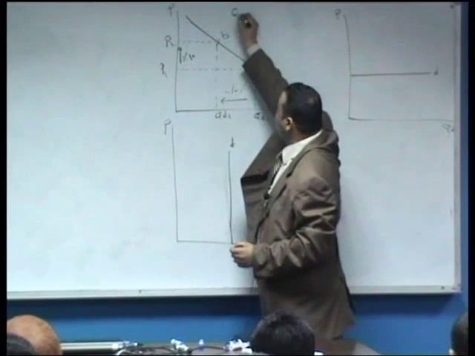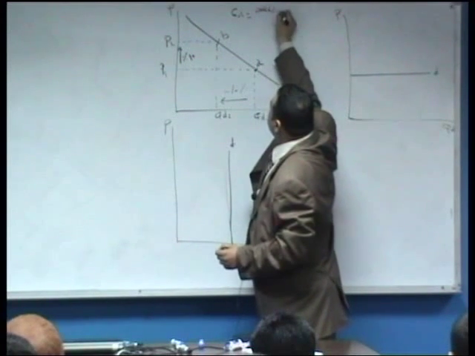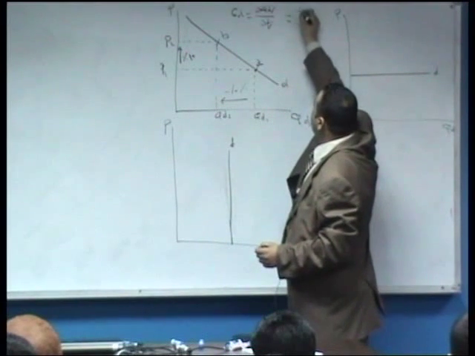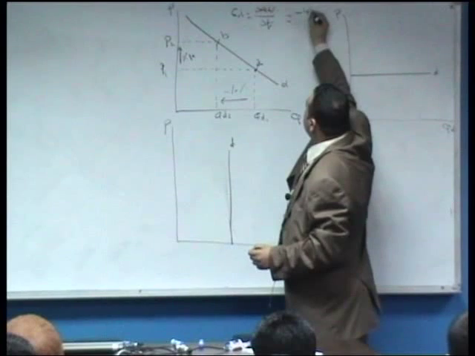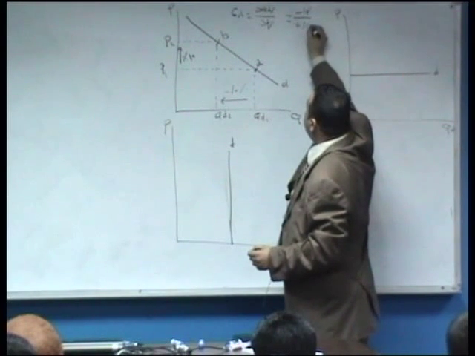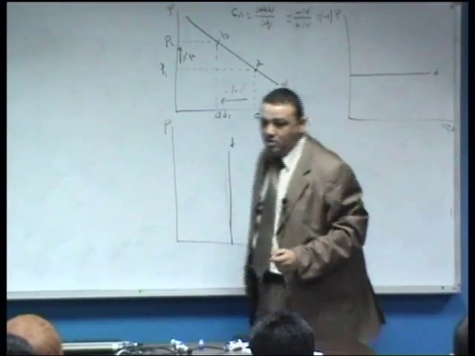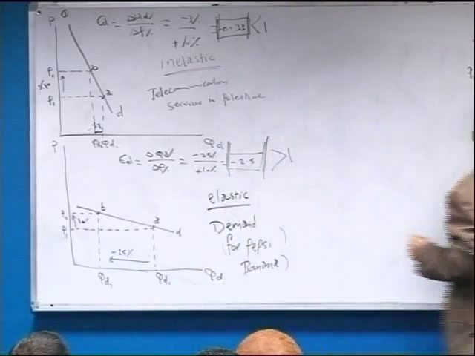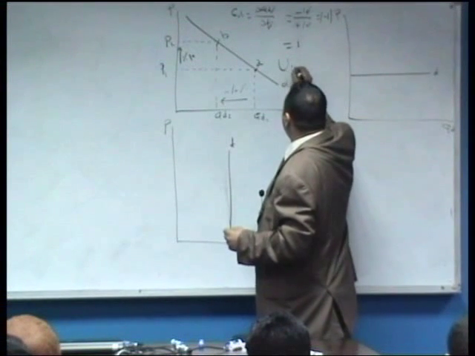So ED equals delta QD percent over delta P percent, equals minus 10% over positive 10%, equals minus 1. So the absolute value of the price elasticity of demand equals 1. It's called unitary elastic.